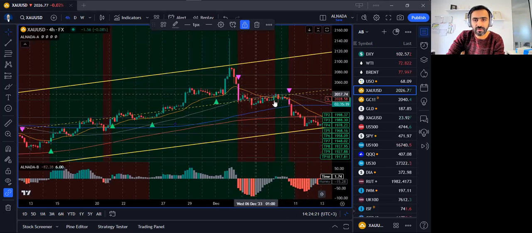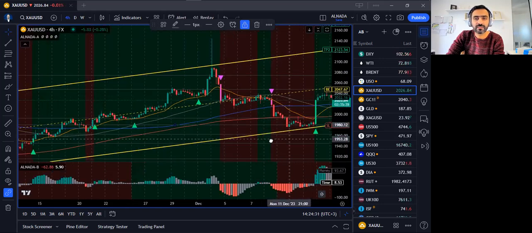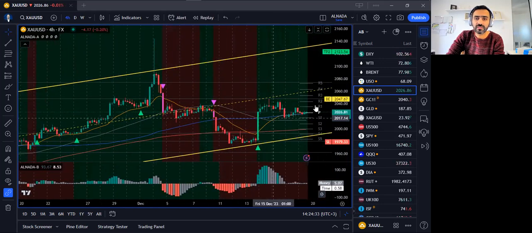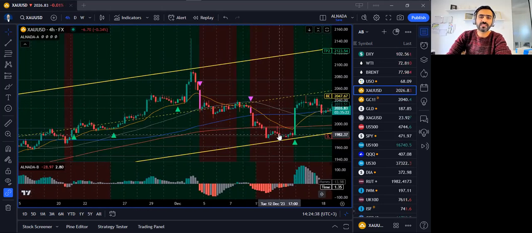The price came from above, broke below the support and closed below. Then I got the signal. So this is a better entry compared to that one. So I ignored this one, I entered this one. This is one example of how we select the best trades and avoid the worst and bad trades.